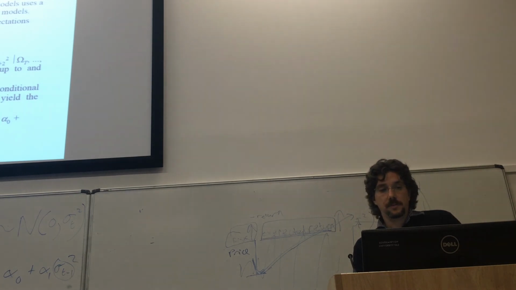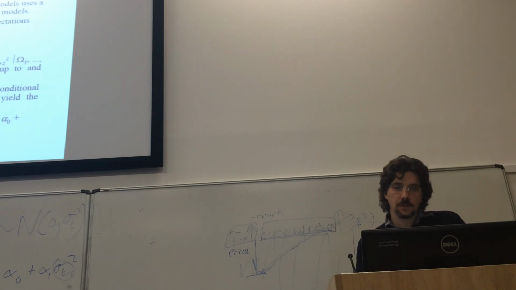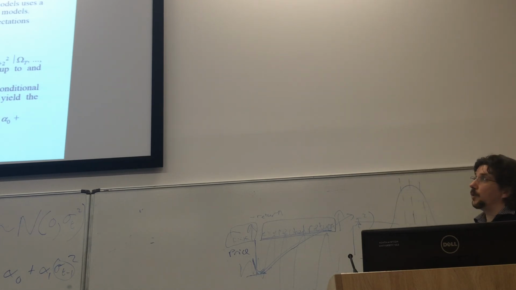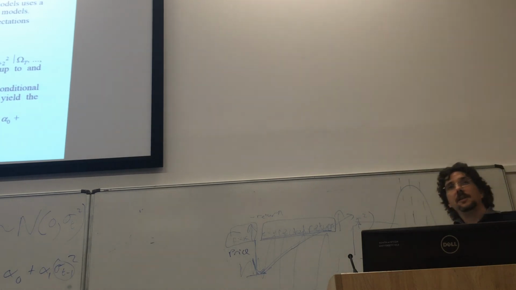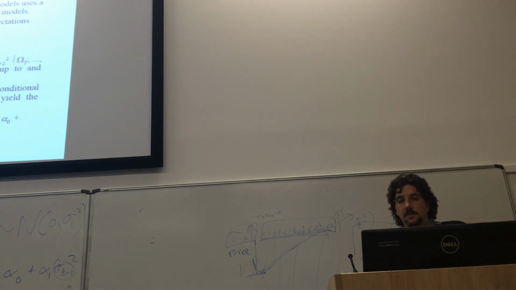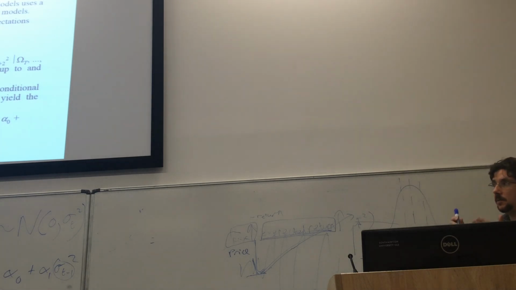That will give you your sigma squared t. So you can basically roll forward. That will give you sigma t, and then you can calculate sigma t plus 1 or sigma t plus 2. You just plug the numbers in, and period by period, you get a forecast for the next period.